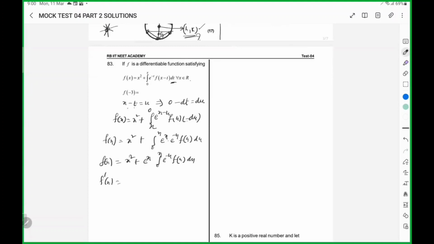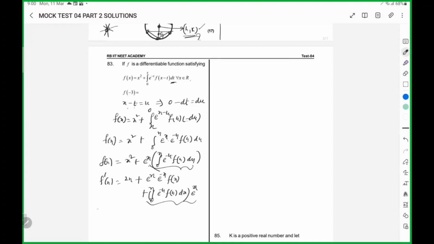F dash x will be 2x plus e power x. Derivative of x is 1 plus this part. Derivative of e power x is e power x.